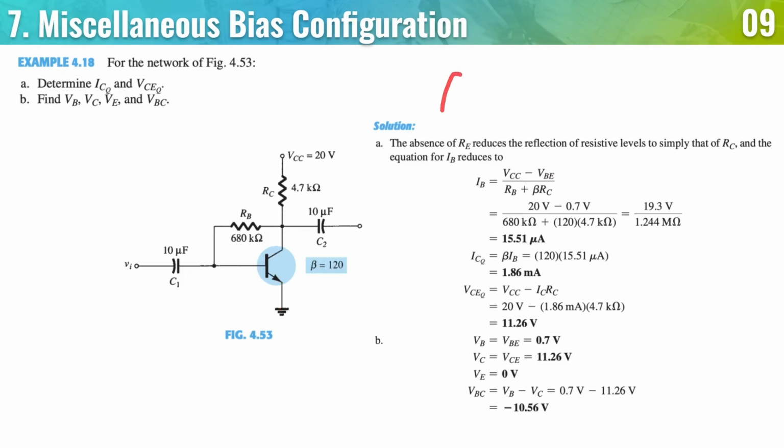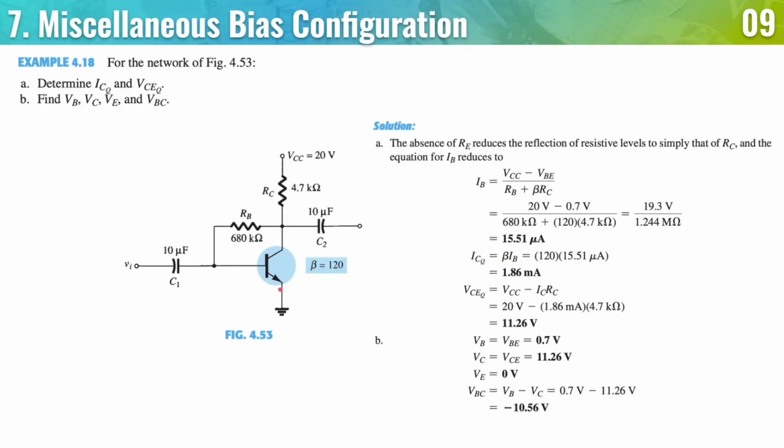So earlier, if we had beta times RC plus RE, this time there is no RE. That's why the formula just becomes like this. So aside from that, there are not really any other modifications. Just assume there's no RE, and this example is basically done. So just continue this example like you normally would.